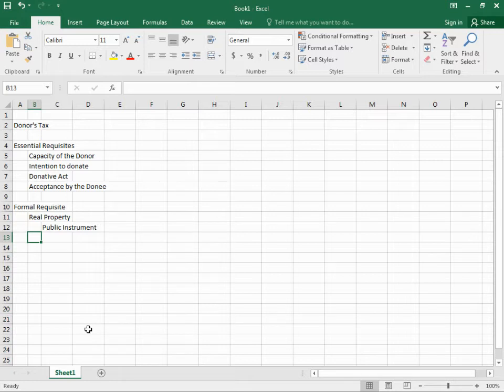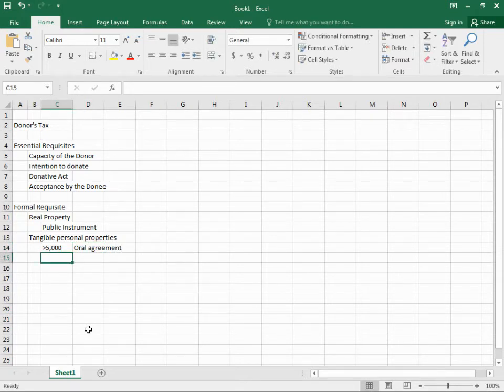Right, correct? Right. Next is, kapag yung property is tangible personal property, kapag less than 5,000, yung ating requirement would just be, to be valid, oral agreement will suffice.